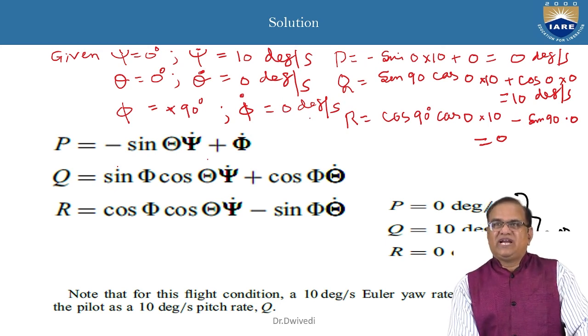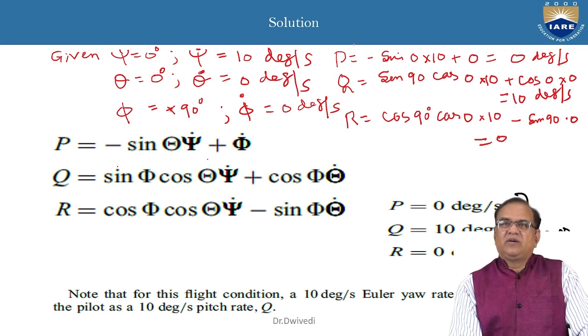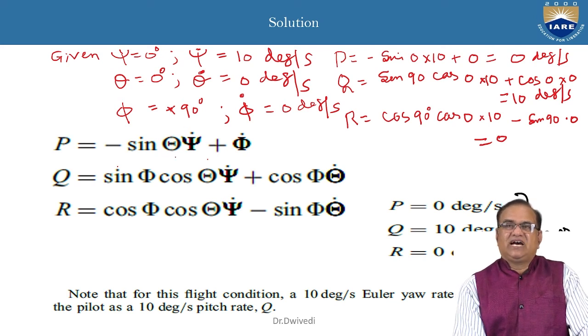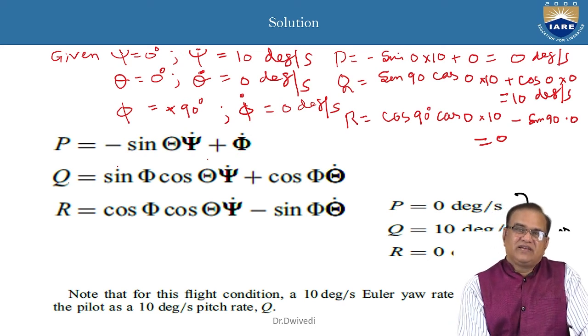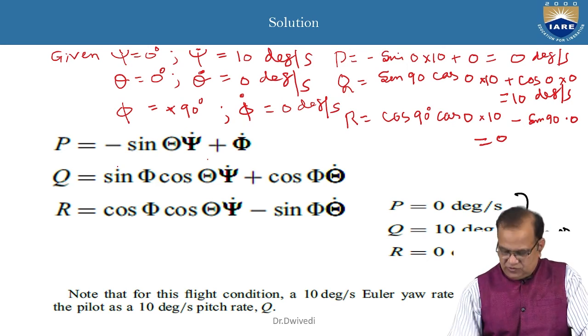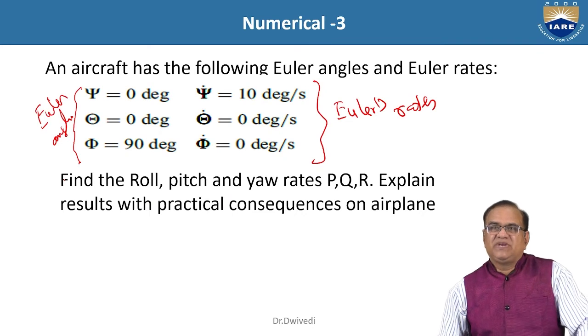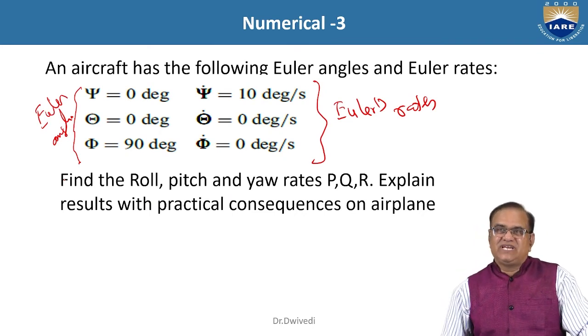So we know that P is equal to minus sine theta psi dot plus phi dot, and Q. If you see here, P is the roll rate, Q is the pitch rate, and R is the yaw rate.